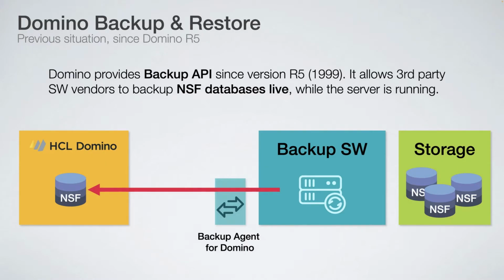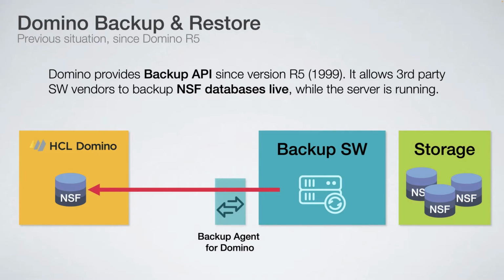And some companies do not invest this additional money, which means they try to back up Domino without this extension. And there are two ways. Either you shut down Domino before doing the backup to have a consistent backup, or you try to back up Domino live, but without this agent, it's like 50-50.